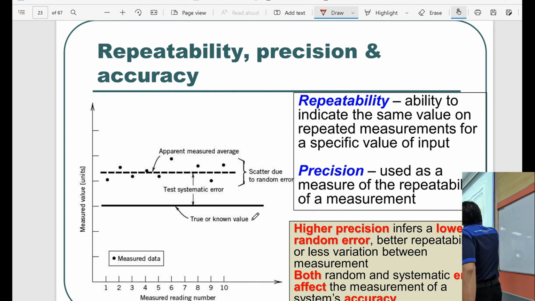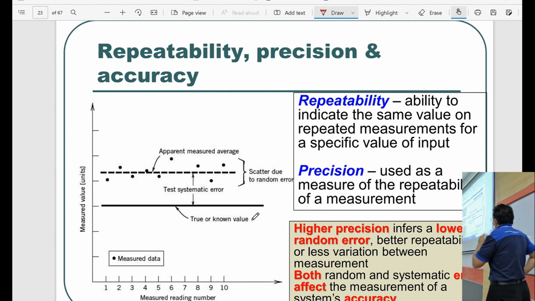So high precision infers a lower random error, better repeatability, and less variation between measurements. To make sure that we have high precision and high repeatability, make sure that we remove the random error.